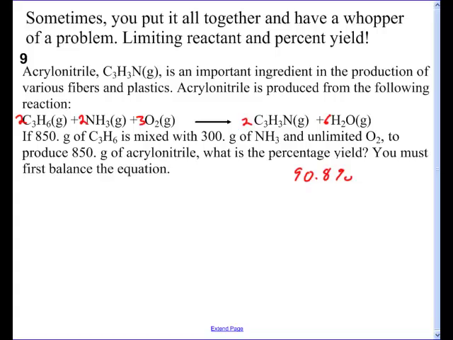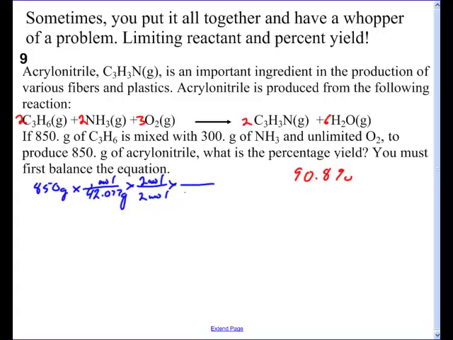The next thing I've got to do is find some grams of product. So I'm going to take my 850 grams of C3H6, and I know that 1 mole of that weighs 42.077 grams. Okay, the mole ratio is 2 moles to 2 moles.